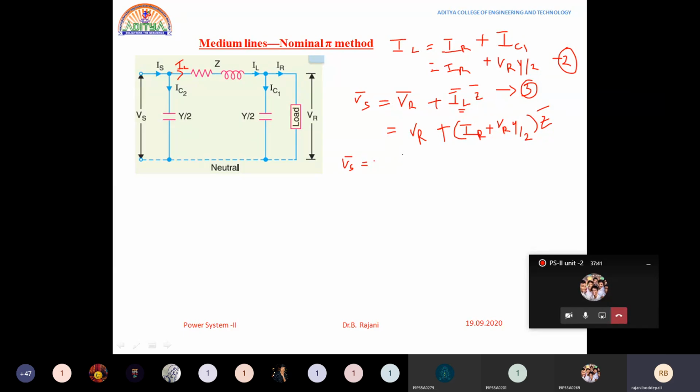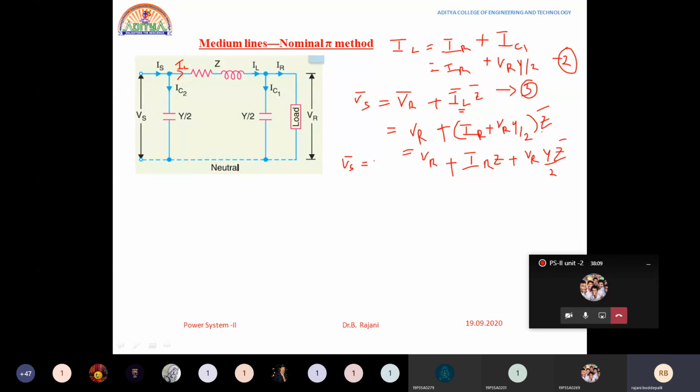If I simplify this equation further, VR plus IR into Z, I multiply each and every term: IR into Z plus VR into Y by 2 into Z.